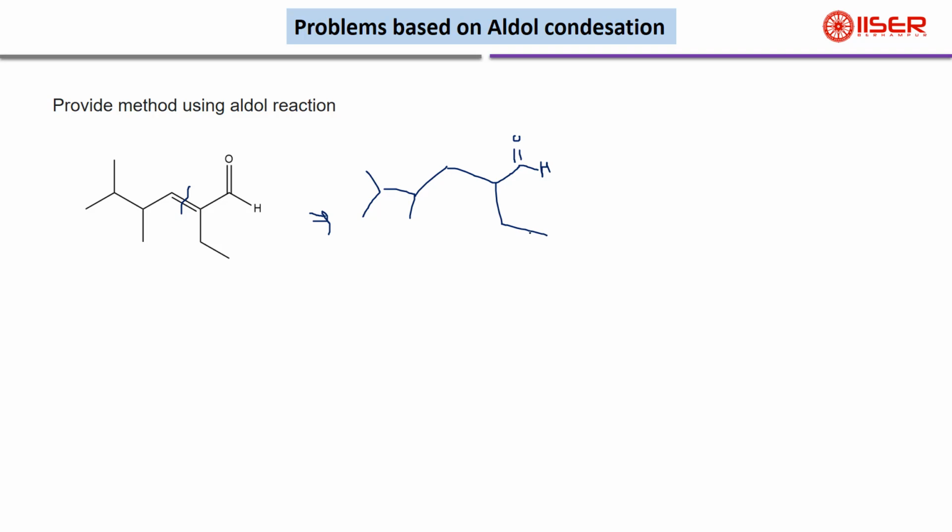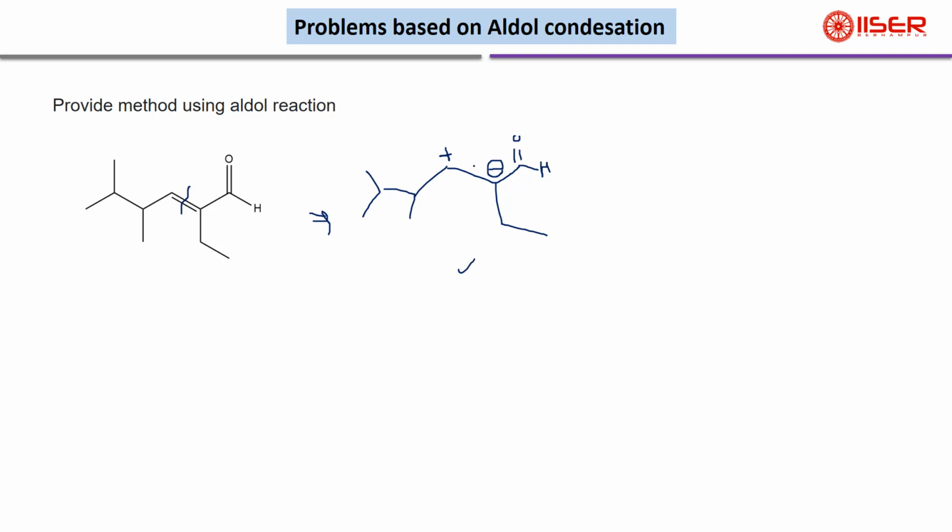So what will be the synthetic equivalent? After breaking this double bond, we are keeping a negative charge here because it is adjacent to the alpha carbon, and a positive charge here. Adjacent to the alpha carbon, the negative charge is always more stable than the positive charge. So the synthetic equivalent will be like this, not the opposite one. So this is our synthetic equivalent.